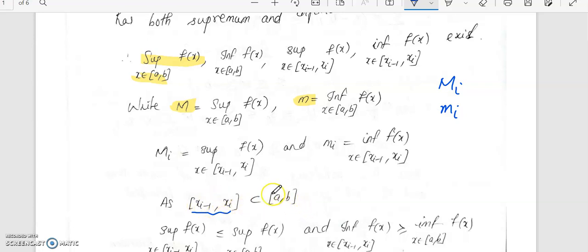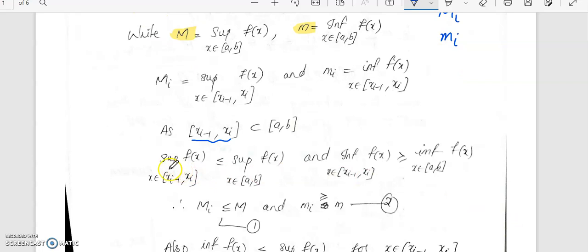So the supremum over [a, b] will be greater than or equal to the supremum over [xi minus 1, xi]. Similarly, when you take the infimum in this interval, the infimum over this interval will be greater than or equal to the infimum over the closed interval [a, b]. So we will get these two relations.